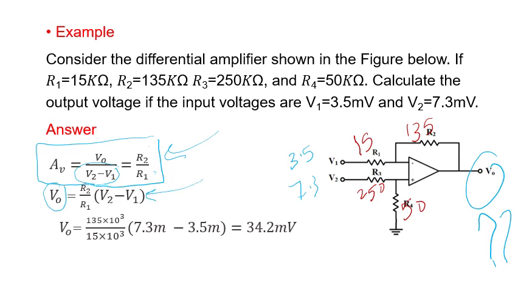Now, direct substitution of the values: 135 kilo over 15 kilo multiplied by the difference between the two inputs, and finally it will result in this voltage. So this is the voltage on the output for the two inputs given as you see here.